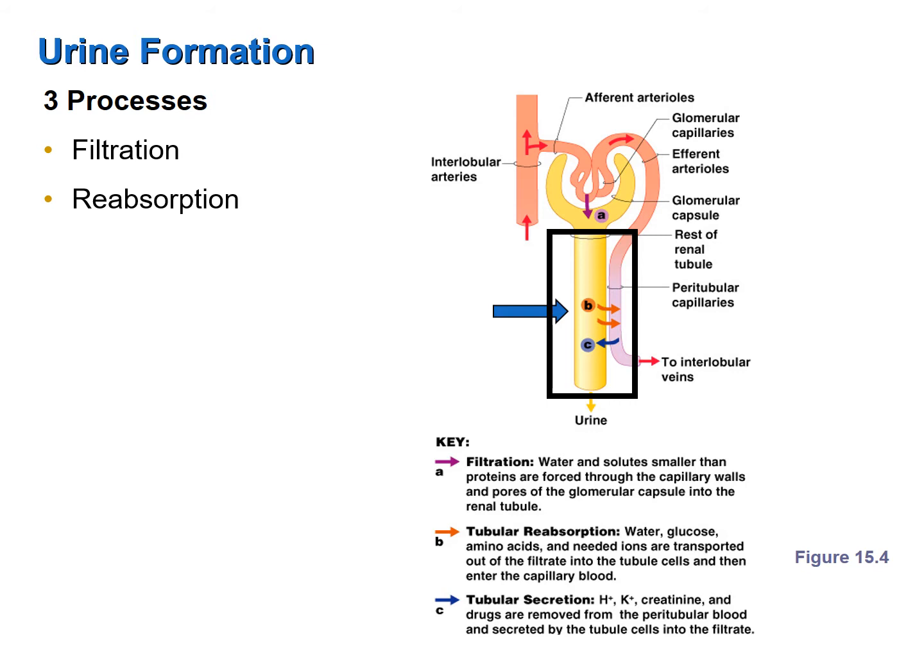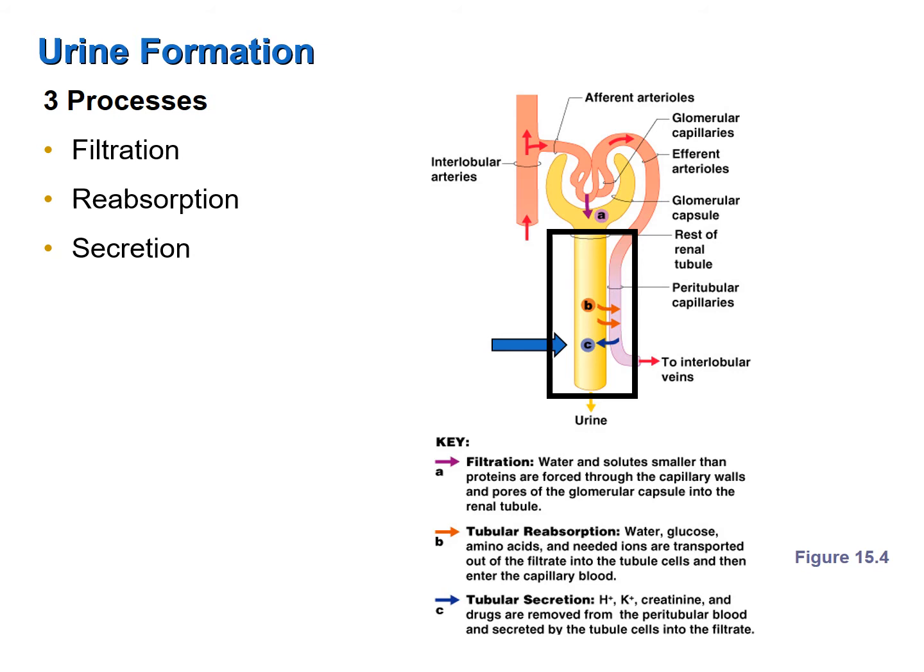In addition to reabsorbing substances that are needed by the body, there are still substances in the blood that the body does not need that are going to be transported from the blood of the peritubular capillaries into the renal tubule. And this is occurring at location small letter c, and this process is called secretion.